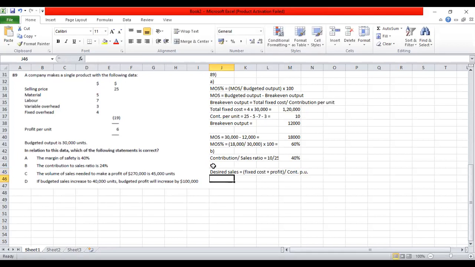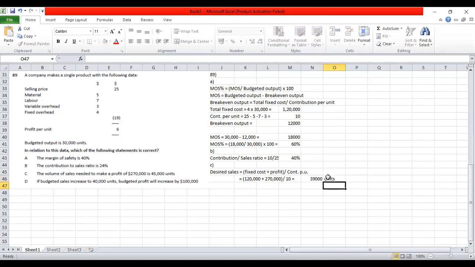We know total fixed cost is 120,000, and the profit given is 270,000. So substituting, 120,000 plus 270,000 divided by contribution per unit of 10 is equal to 39,000 units. So this is also not correct.